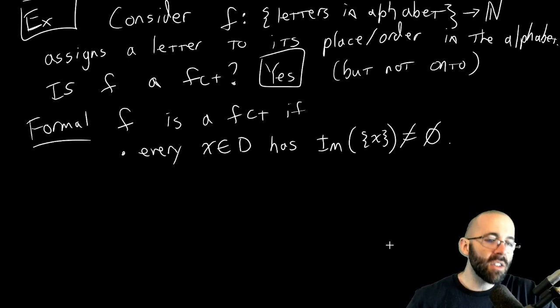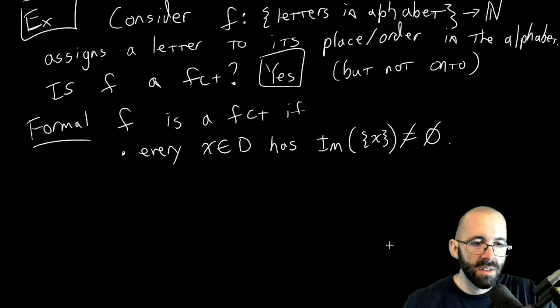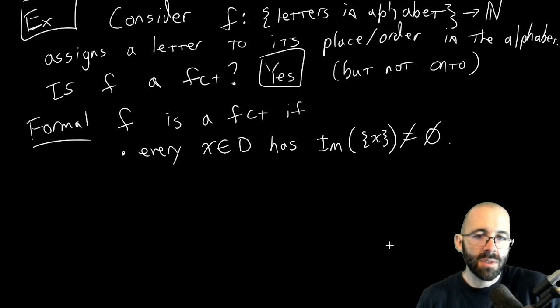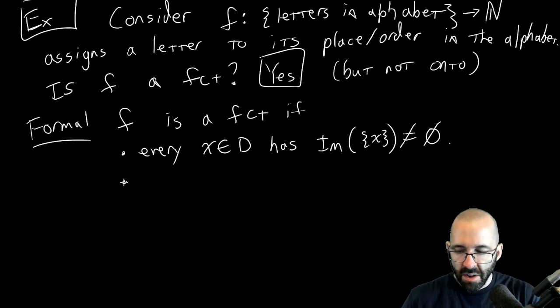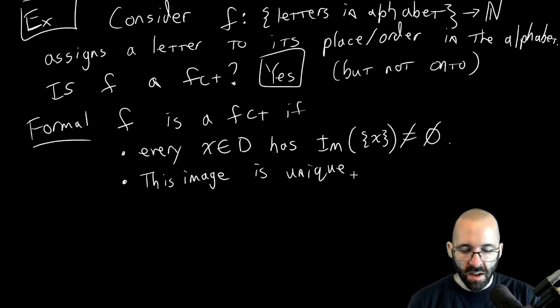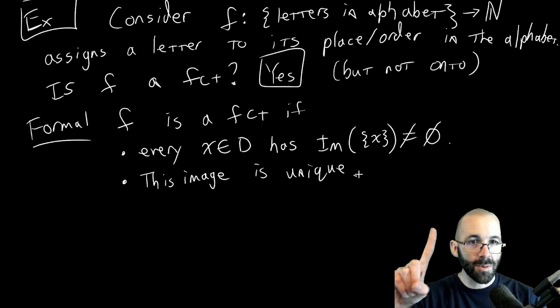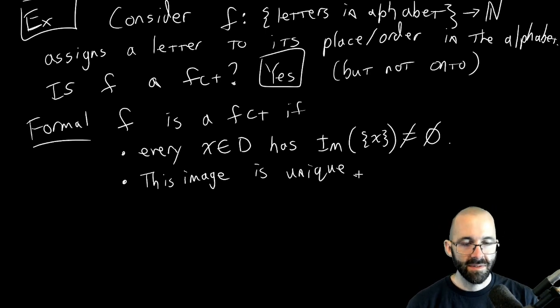This means that everything in the domain has a function value. The function has to apply to everything in the domain. That's what this is saying. All right? And then this image is unique. What does that mean in normal English? That means each input only has one output. Okay.